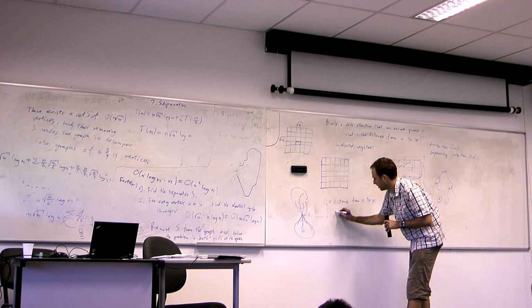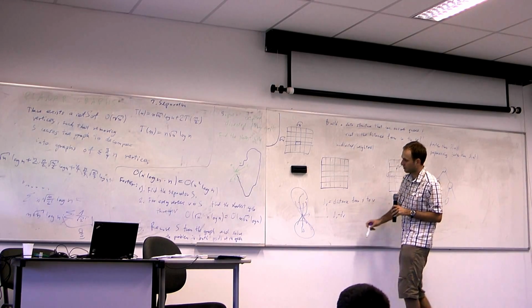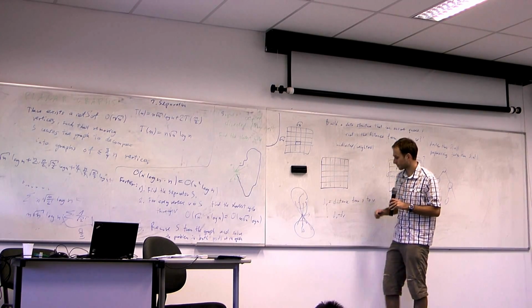So du plus dv is the length of the shortest path between V and U.